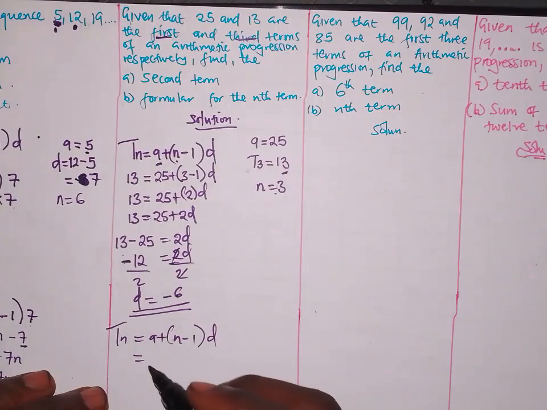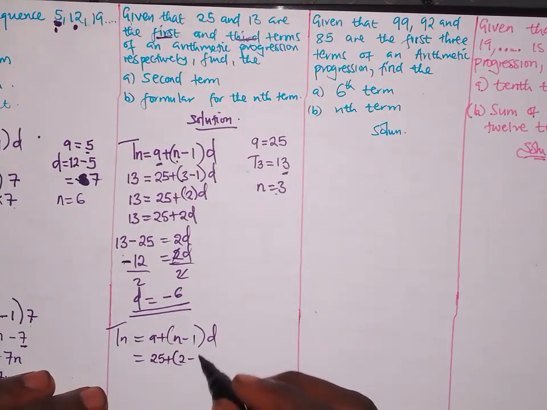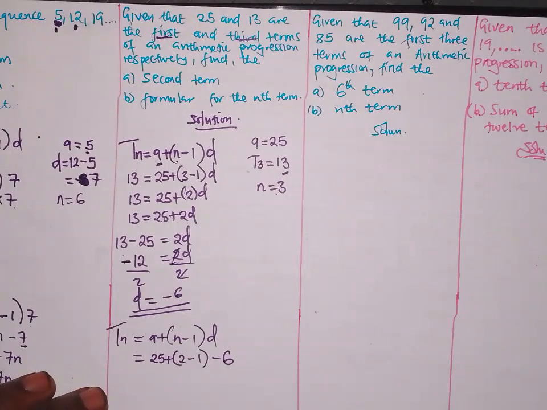Our first term is 25 plus 2 minus 1, then our common difference is negative 6. So you say 25 plus, here you have 2 minus 1, which is 1. 1 times negative 6. We have 25 minus 6, which gives us 21 as our second term.